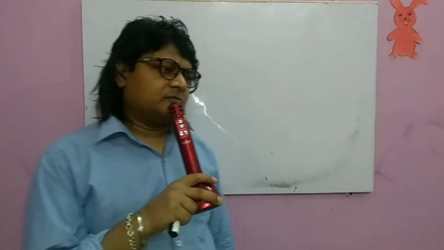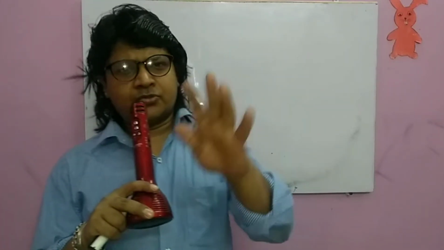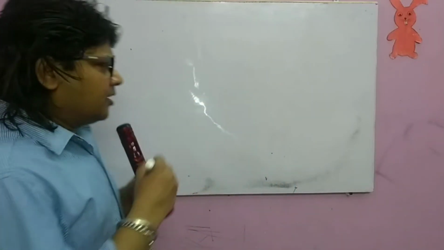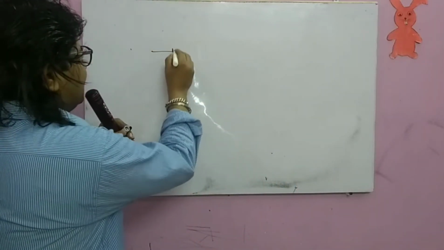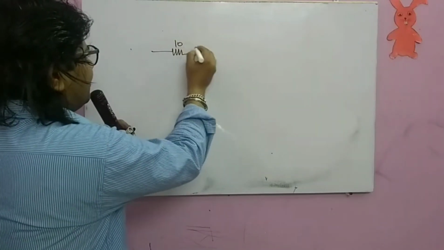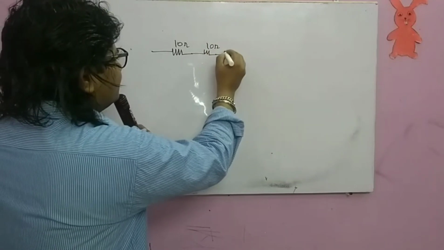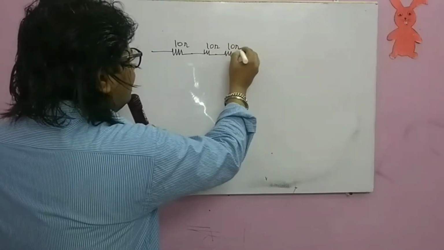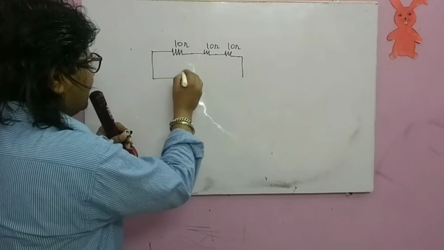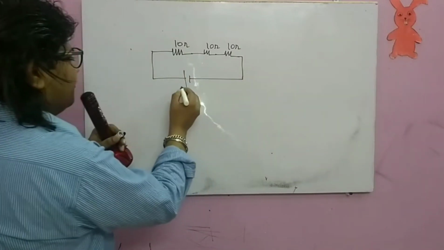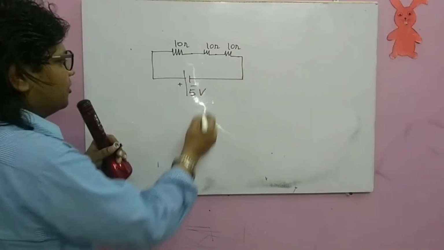Now, there was a question in the morning I asked, and it was an open question to all of you from class 12 students, right? So the question was: if resistances of 10 ohm are connected with a 5 volt source.